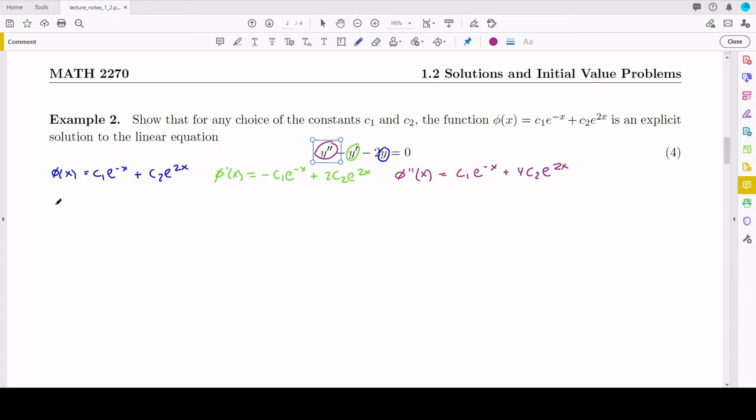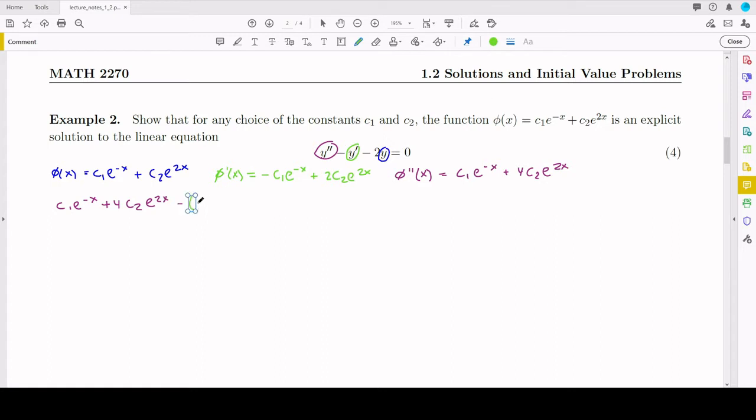So now let's put all of that together, and we have c1 e to the power negative x plus 4 c2 e to the power 2x, and then we have minus the y prime.